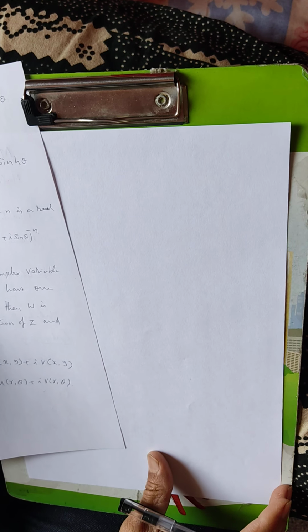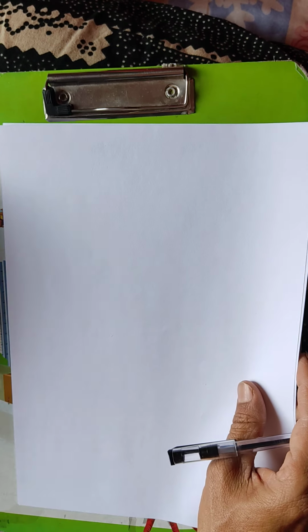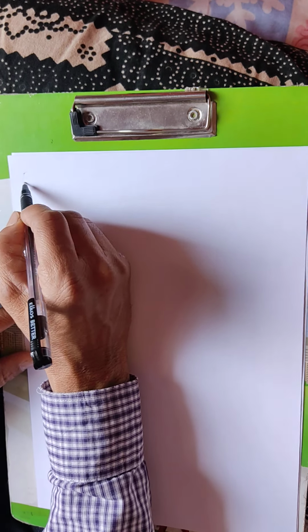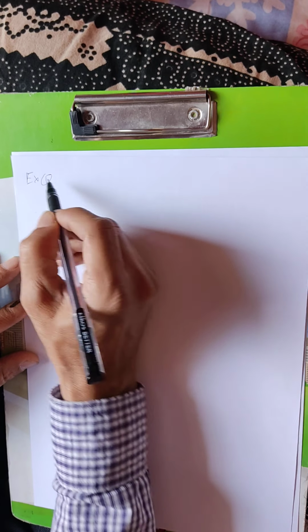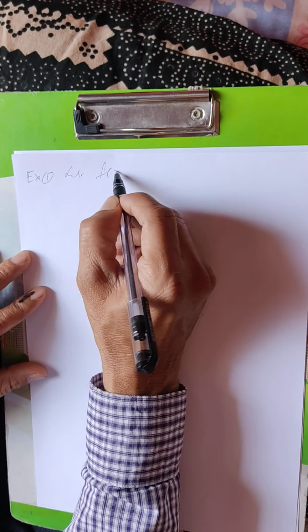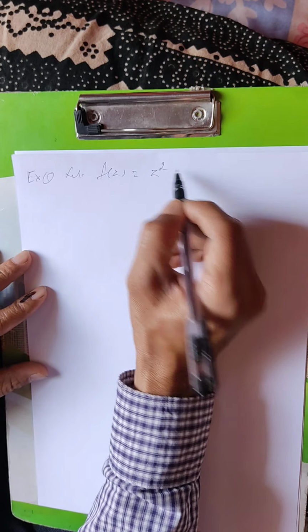So let us consider some examples of a complex valued function. Example 1. Let us consider the function f(z) = z².